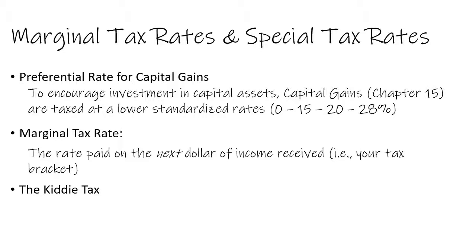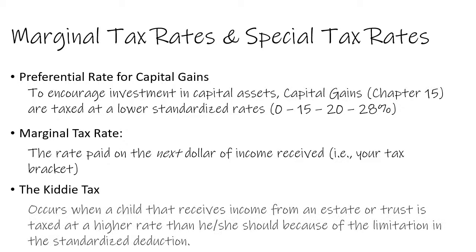The marginal tax rate is the rate paid on the next dollar of income received, i.e. your tax bracket. And finally, the kiddie tax is another special tax rate. This is the tax rate that occurs when a child receives income from an estate or trust. Because their income is so high, they get taxed at a higher rate because of the limitation in their standardized deduction.